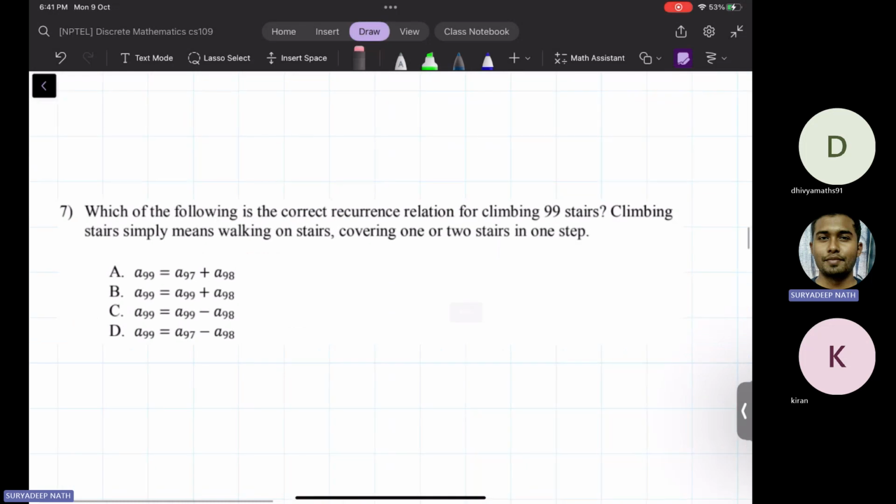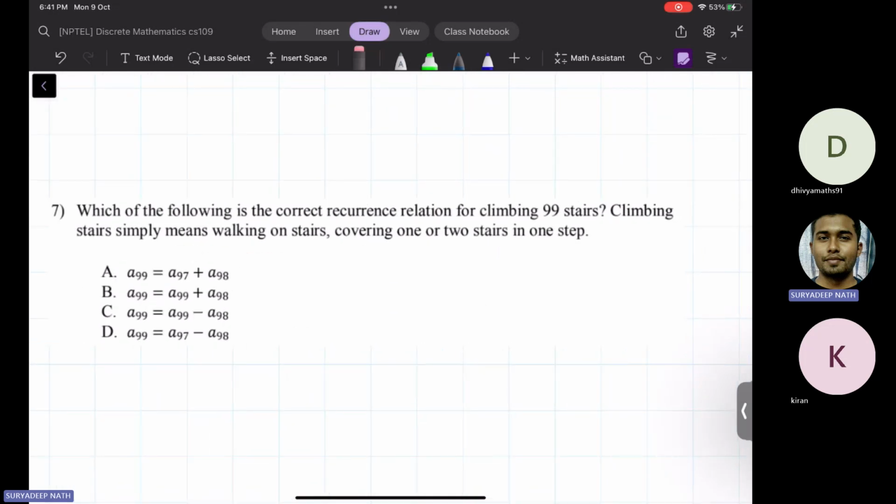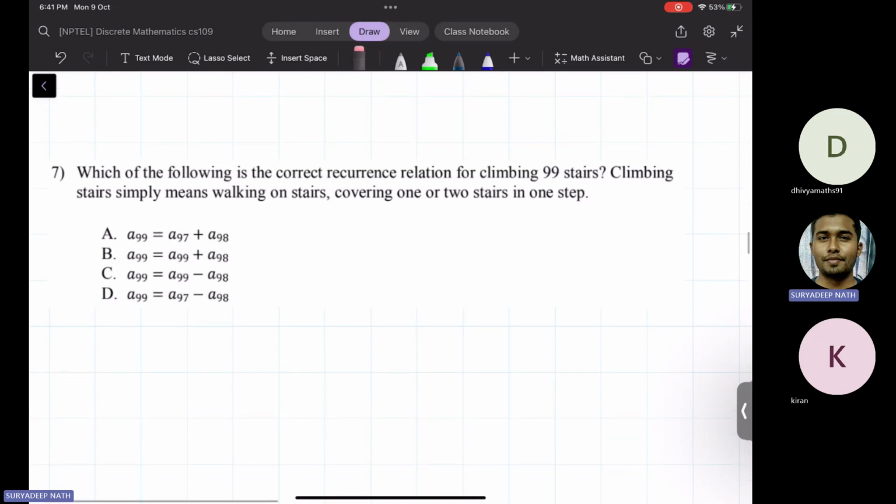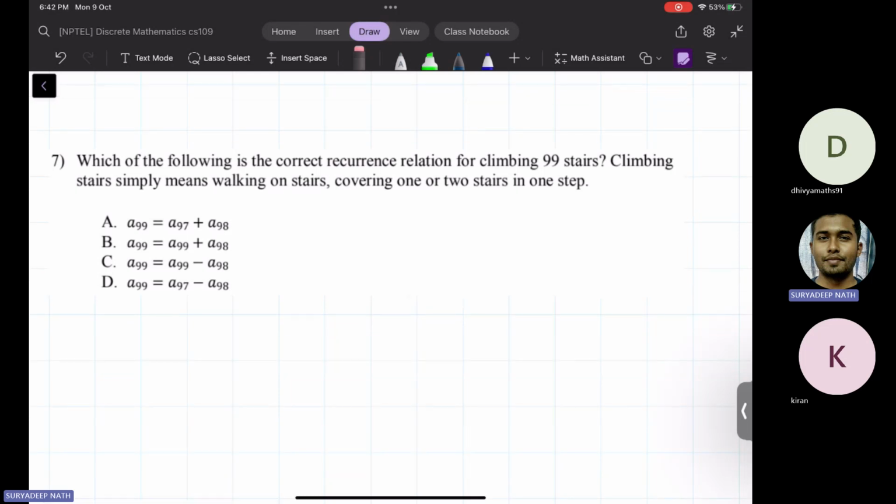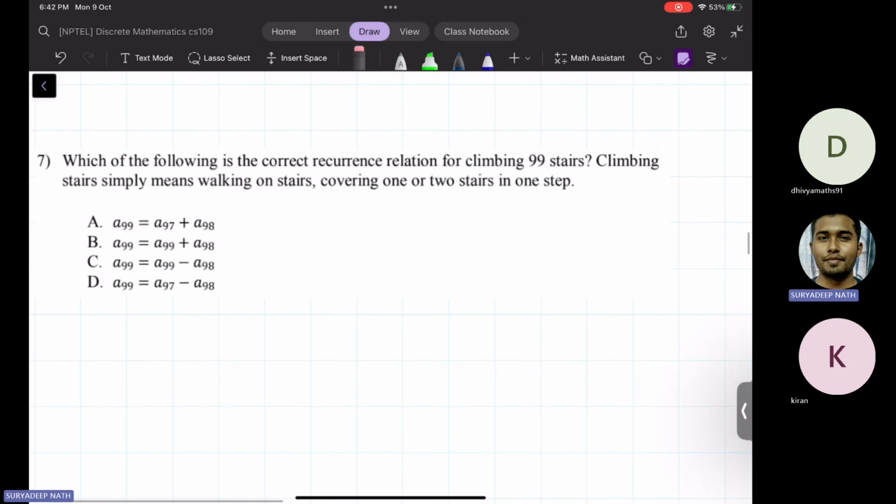Moving on to question 7, which of the following is the correct recurrence relationship for climbing 99 stairs? Climbing stairs simply means walking on stairs, covering one or two steps, two stairs in one step. So suppose an is the number of ways to climb n steps.